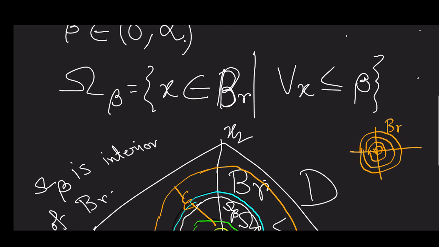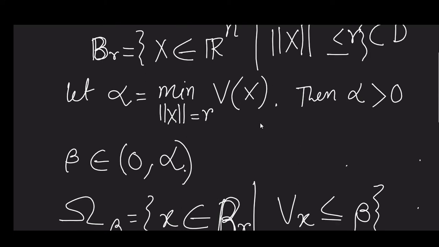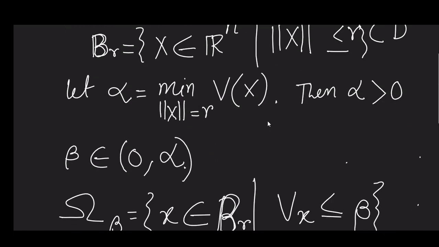Corresponding to this beta you will have another x. If you still have doubt, you can consider that if you operate it in the reverse way, it is V inverse of beta, that is x beta, right?